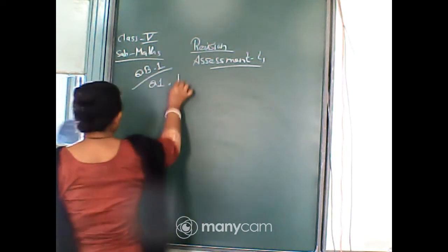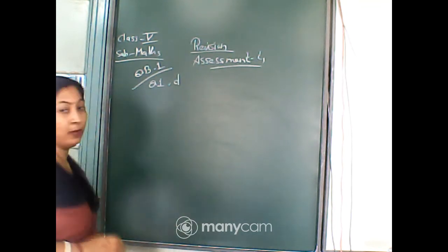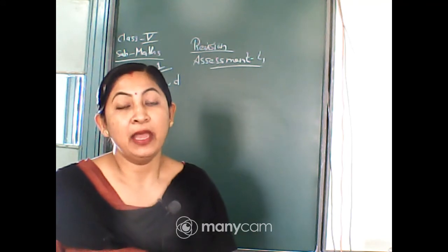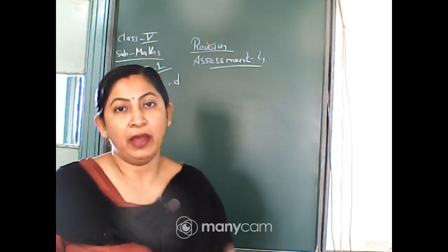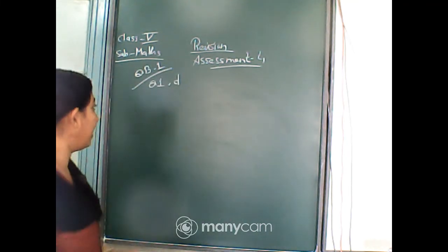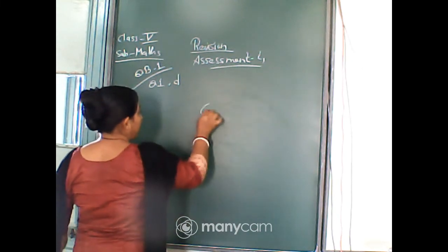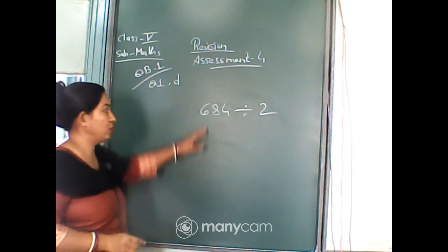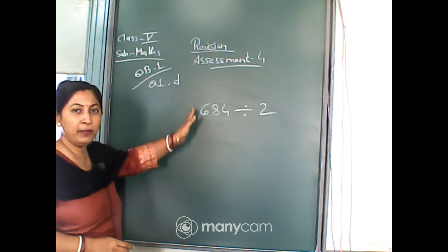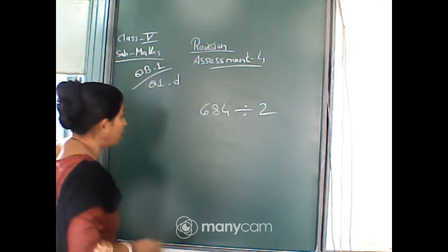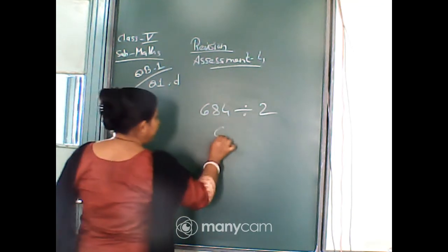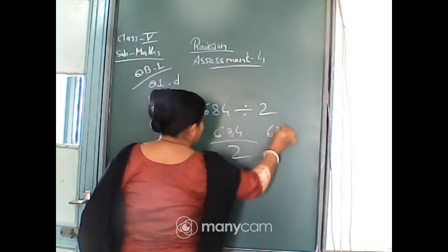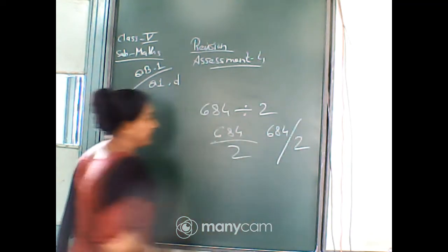Achha, one more thing I want to tell you. At the time of exam, the computer might write it this way. Suppose I am giving you 684 divided by 2. I have given one question like this. It might be on the computer or in your exam. It can be printed like this, or like this.